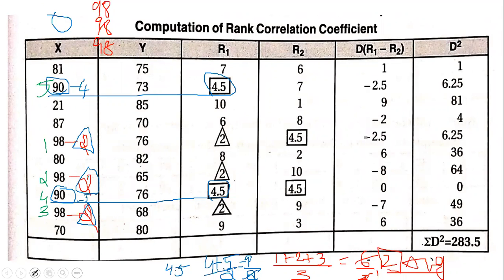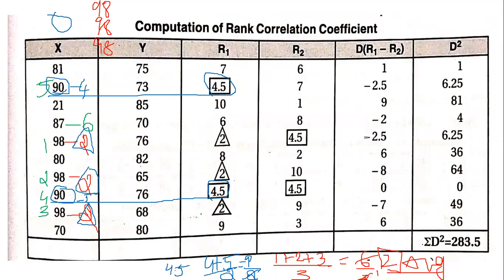Now, what is the next highest number? After 90, we have 87. 87 is not repeated. So, for 87, here already 5 are done. So, 87 will get 6th rank.